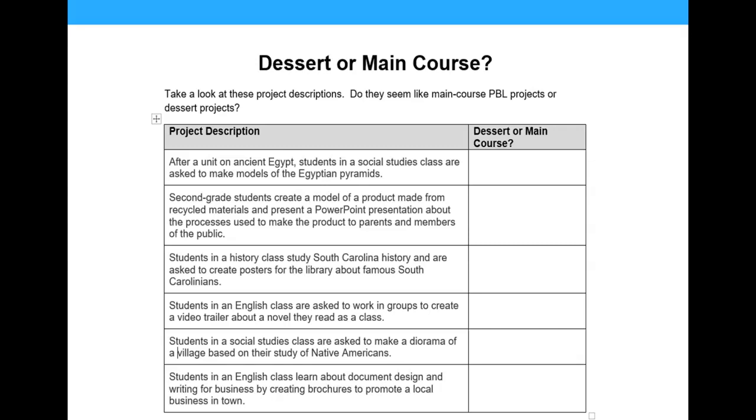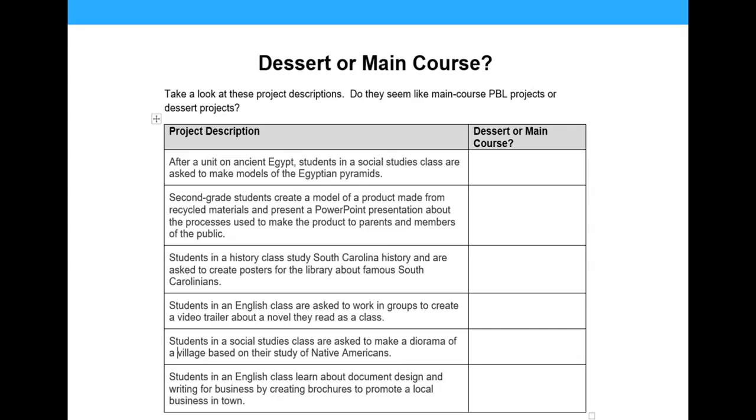So after a unit on ancient Egypt, students in a social studies class are asked to make models of the Egyptian pyramids. Your clue on this one should have been the phrase after a unit. So this is a dessert project, again, because students learn the content, then they do the project. And if the project has to get cut, no big deal. If you don't get dessert, no big deal.